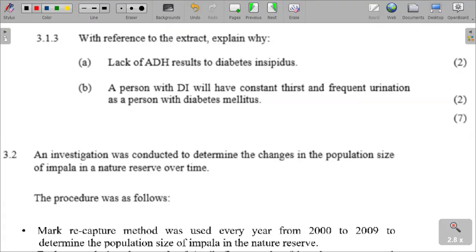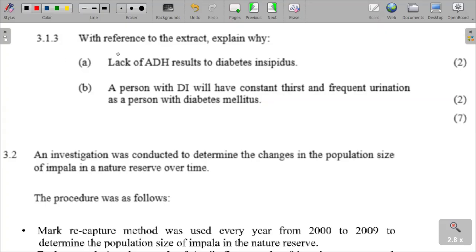So now, with reference to the extract, explain why lack of ADH results in diabetes insipidus.